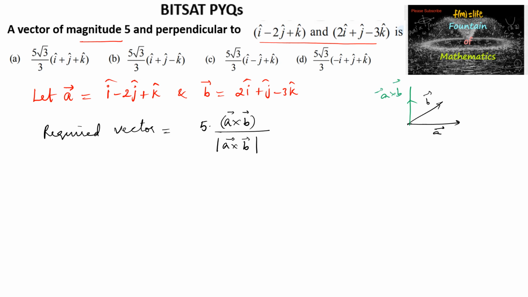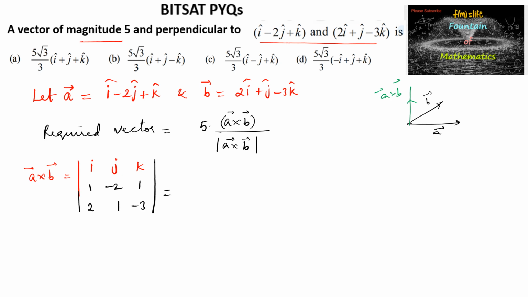So let us find A cross B. The first row i, j, k, and in the second row we take the vector A components 1, minus 2 and 1, and in vector B the components in the third row 2, 1 and minus 3.